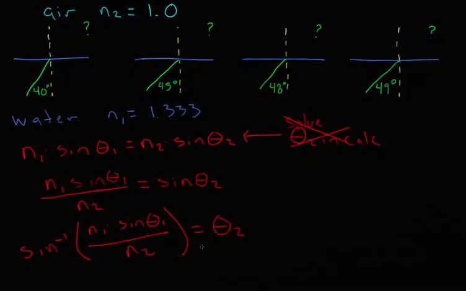So we've solved this equation now for theta 2. And this side right here, you can just plug right into your calculator. Okay, so let's plug in those numbers for the very first one, the 40 degrees.